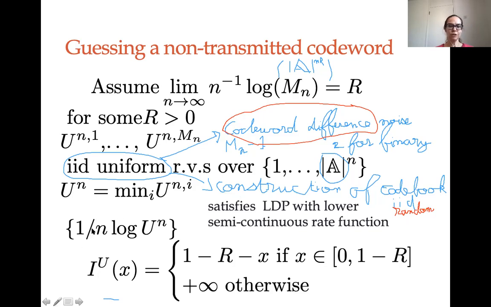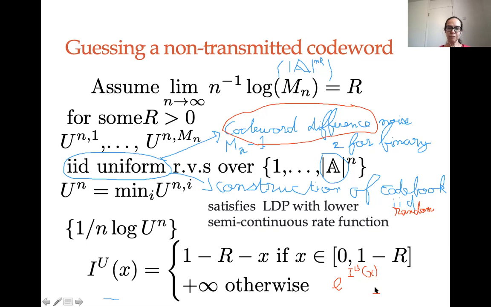Because if I were to take the exponent on both sides, if I were to raise e to the power of the rate function I_U of x, what does that give me?